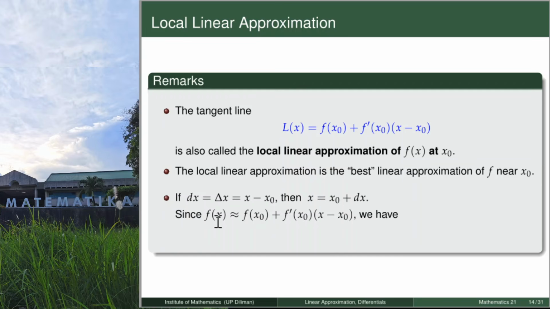So we replace x with x naught plus dx, and we replace x minus x naught with dx. So this entire thing here will just be written as this one. Okay, so x naught plus dx, and then this one is dx. Okay, so this alternate form is actually quite useful. So we will be using it in some examples later.